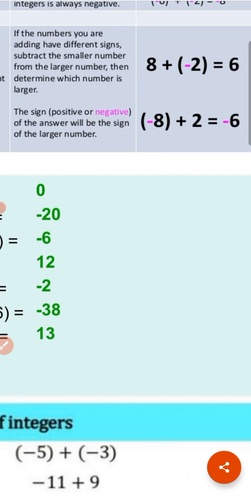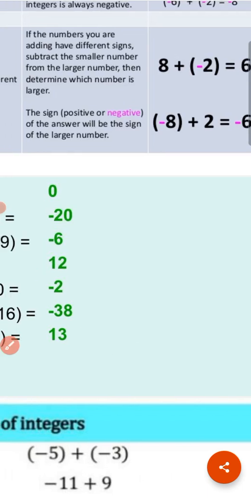The sign of the answer will be the sign of the larger number.